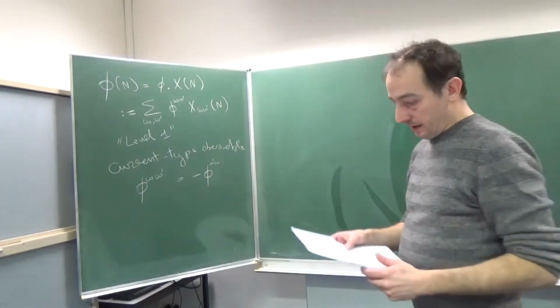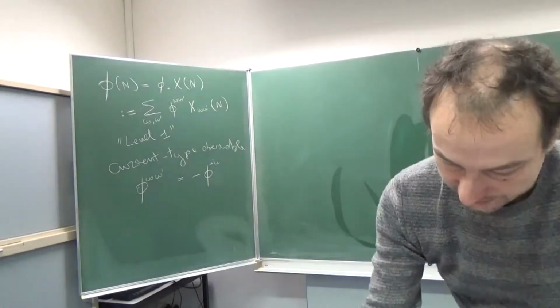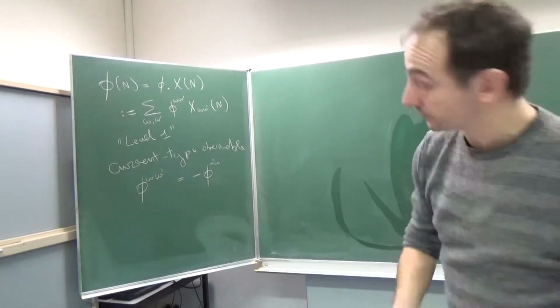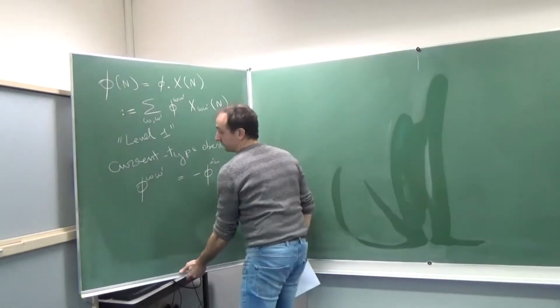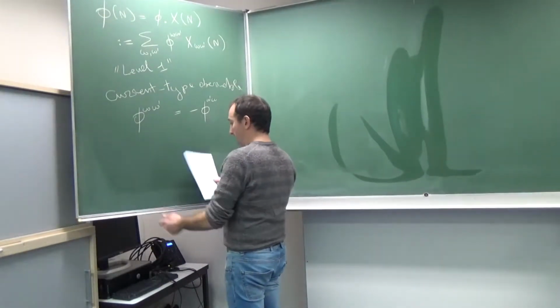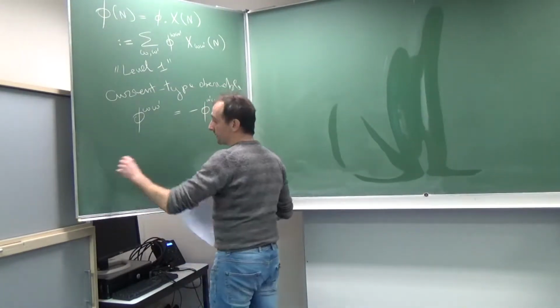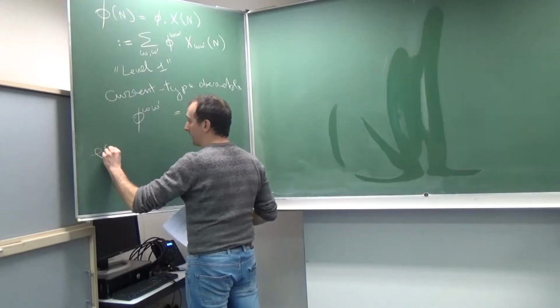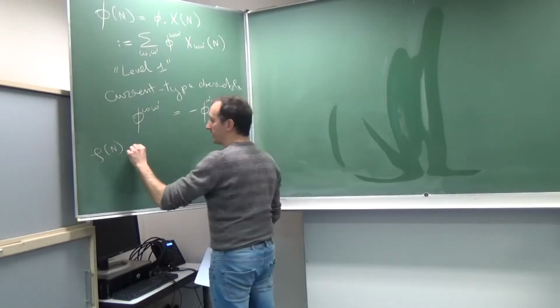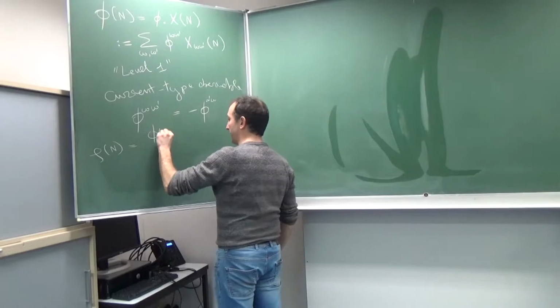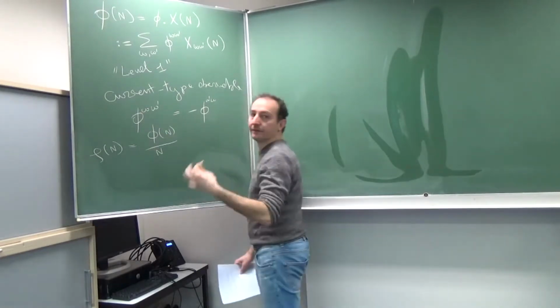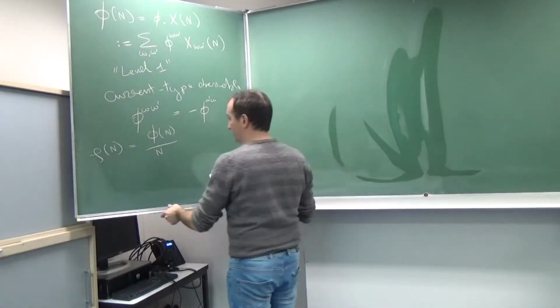So now the contraction principle states that now we take the empirical current as B phi n over n, take the large deviations as usual.